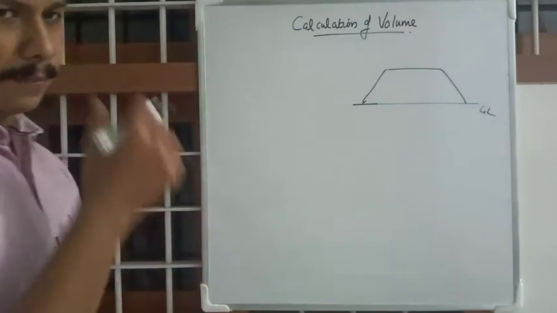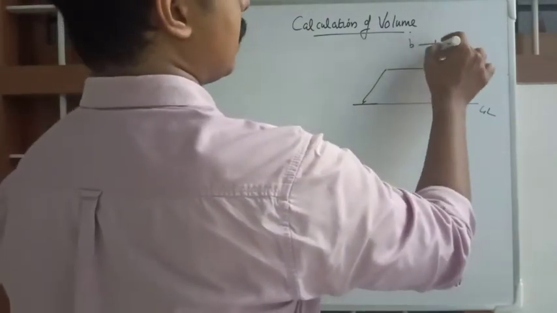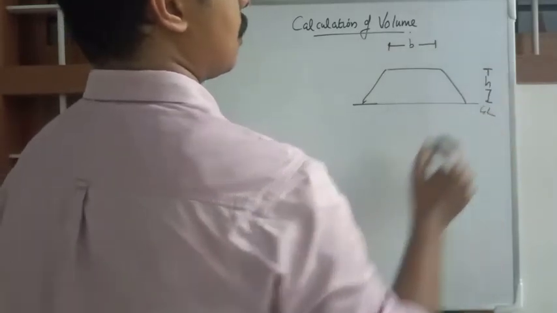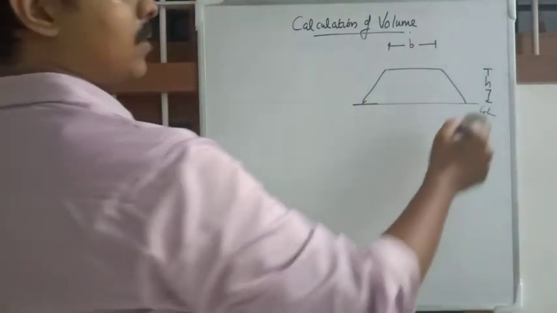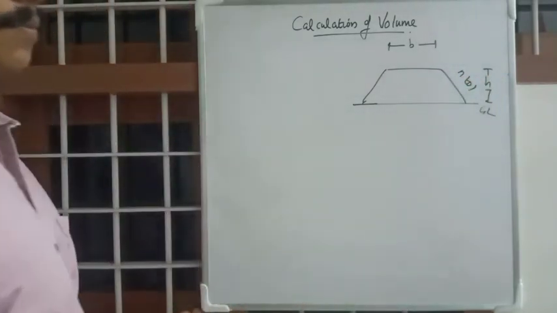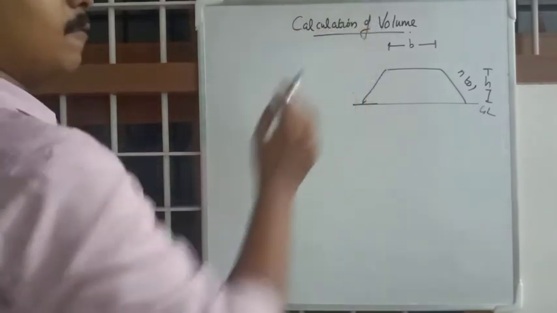The top width is called B, the height is H, and the slope is n to 1. Obviously the question is to calculate volume.